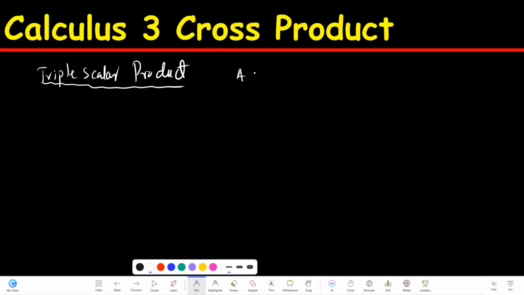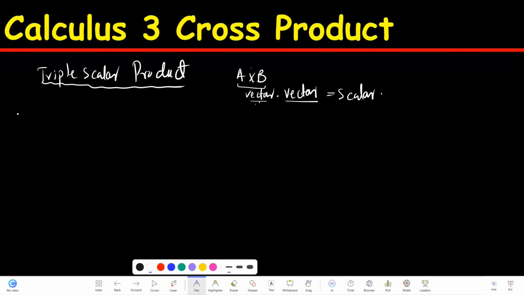You just take A cross B, and the answer is a vector, right? Then you take this vector and multiply it, not with a cross, but with a dot product, with another vector. So vector cross vector is a vector. Vector dot vector is a scalar.